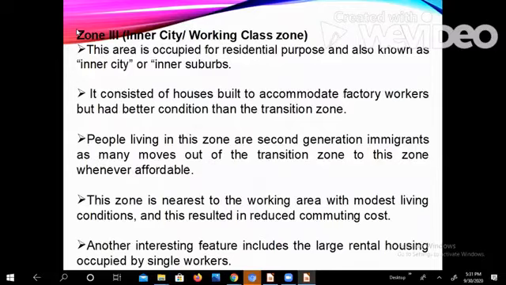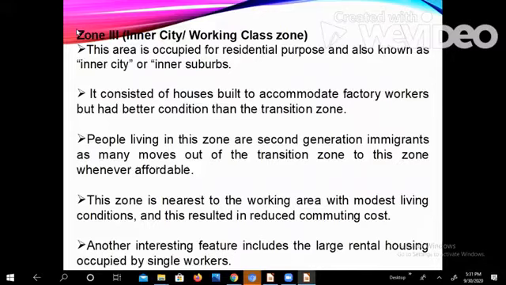Here the land rates are still lower, and because of that, various small industries like plastic manufacturing, etc., are found over here. So this zone consists of residential pockets and also factory workers, the factory workers who work in the second zone, or who work in the small factories in this zone.